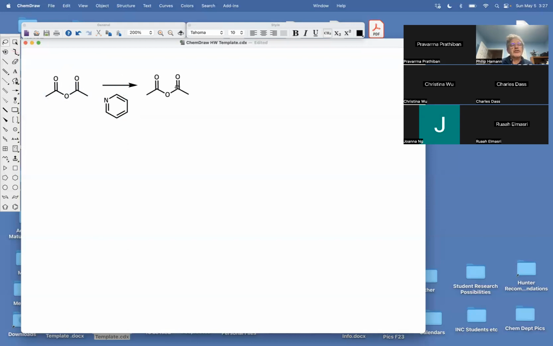So again, you'll have to imagine the arrows, but I can add them at request. It's going to attack the carbonyl. They're the same, so it doesn't matter.